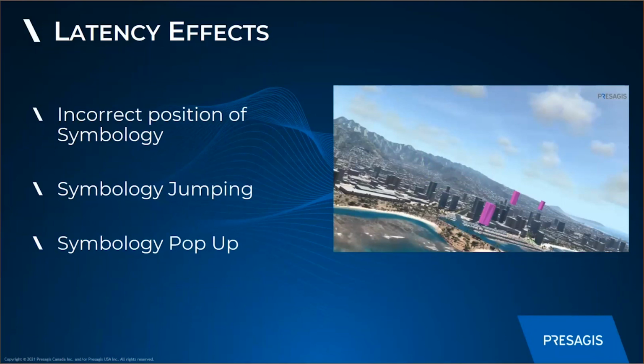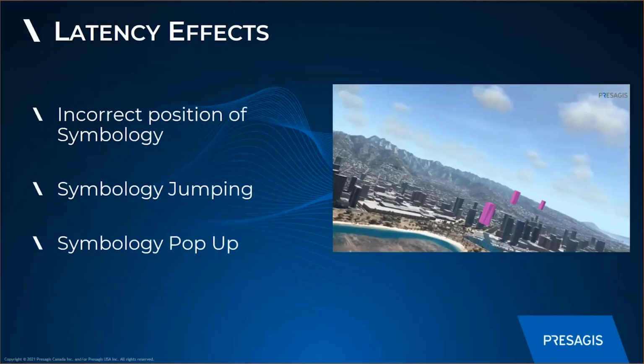If my aircraft moves and I roll to the left and I don't update my graphics quickly enough, you end up with all your items floating in space at completely the wrong location, giving you incorrect information.